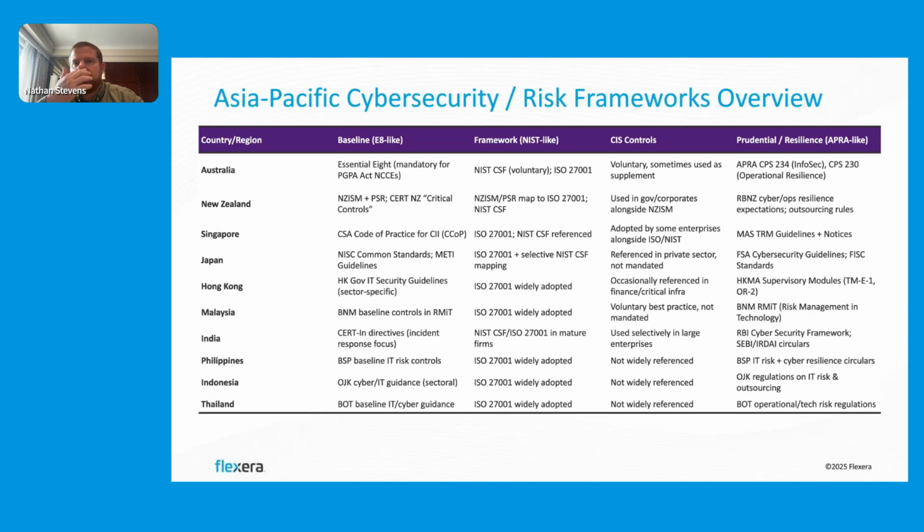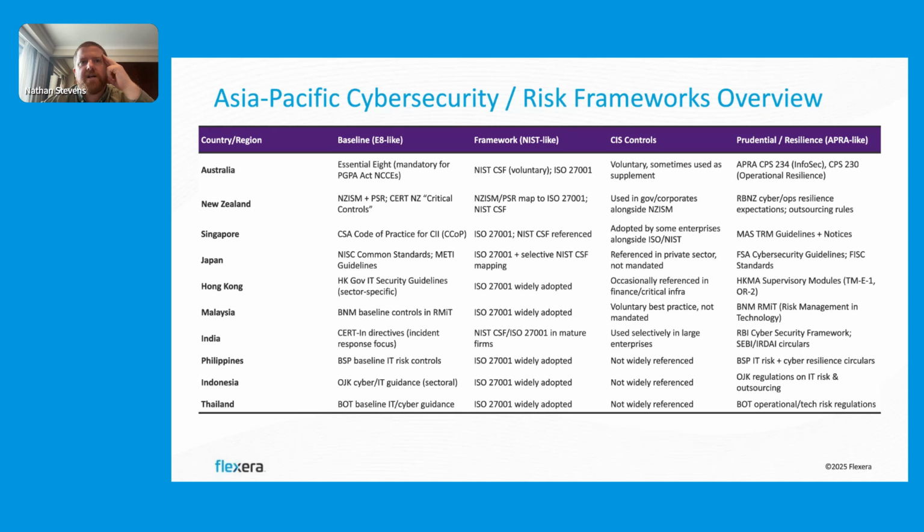Just for reference, I'm not going to go through these in any detail, but there are other standards that have a relationship, or within particular countries there are specific standards that those countries adopt. When I look at different frameworks, we can see NIST adopted globally, particularly within Australia and New Zealand.